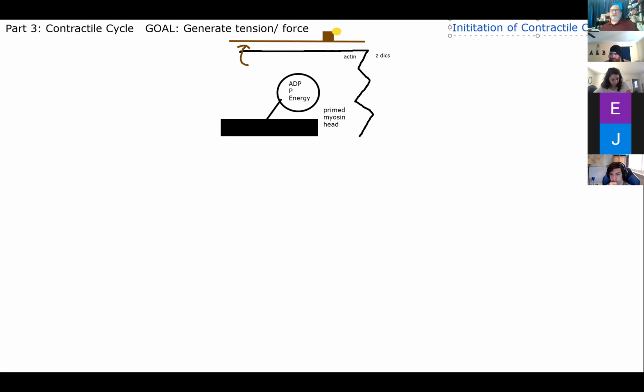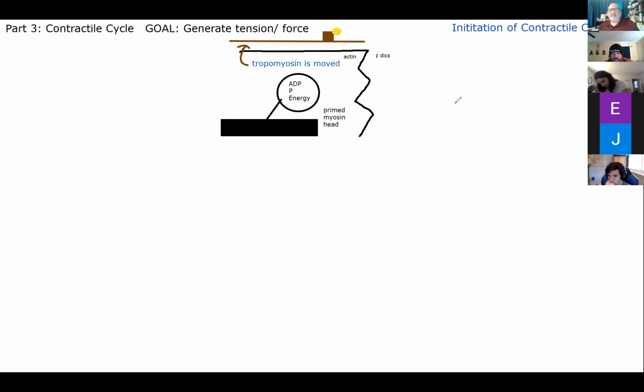And this is our starting point. With our starting point, the regulatory proteins are moved out of the way. And when that tropomyosin is moved, then our primed myosin head is able to grab onto the actin. And so that is what's going to happen.